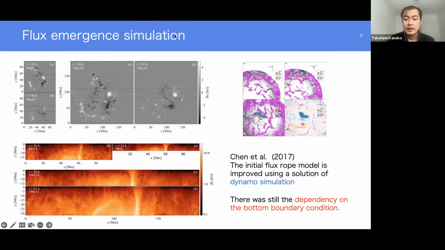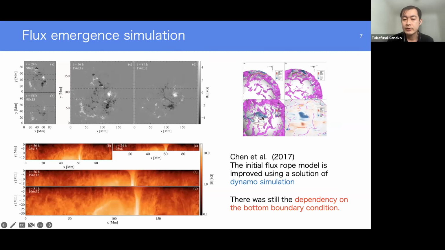There is an attempt to improve the simulation. This is an example from Chen et al. 2017. The main improvement in their study is that they used the initial flux model from a dynamo simulation. At first they performed a dynamo simulation and obtained the flux emergence.